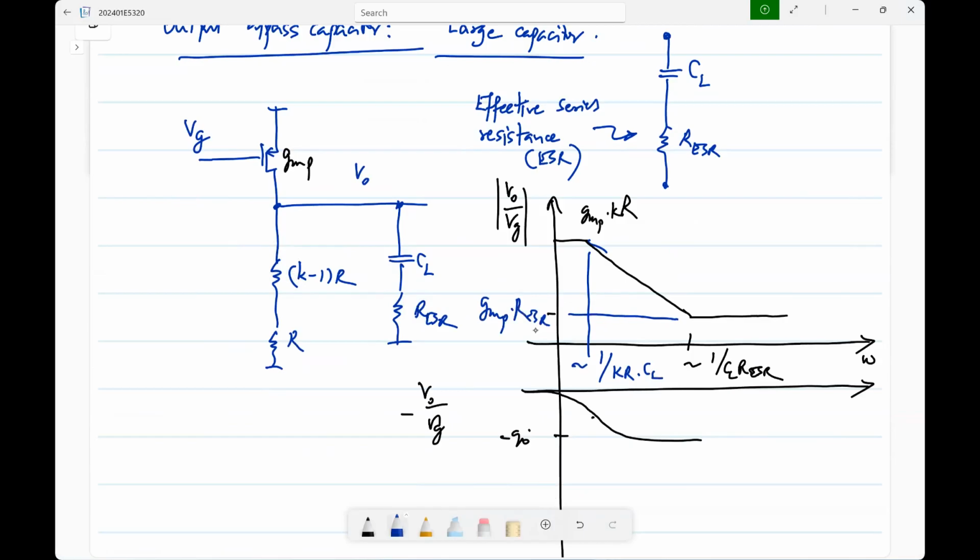Okay. So again, the phase shift comes back to 0, right?